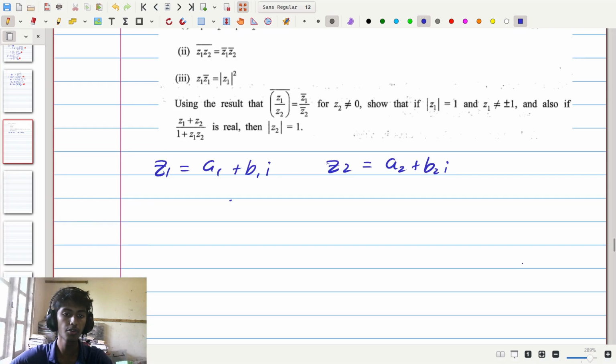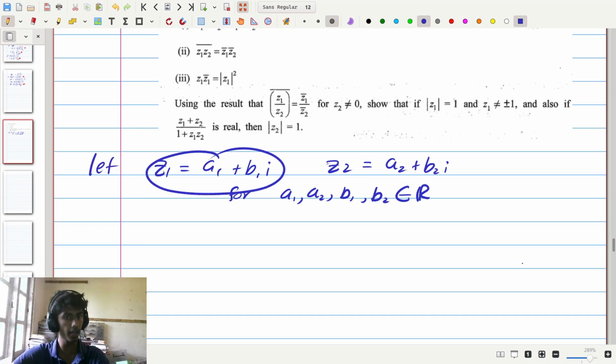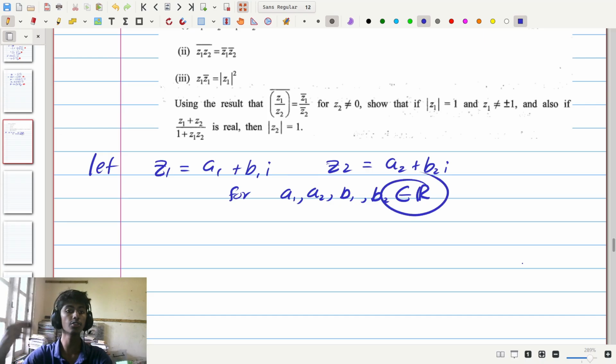So we're going to say let Z1 be A1 plus B1I and Z2 be A2 plus B2I for A1, A2, B1, B2 elements of the real numbers. So now we have defined the complex numbers Z1 and Z2.